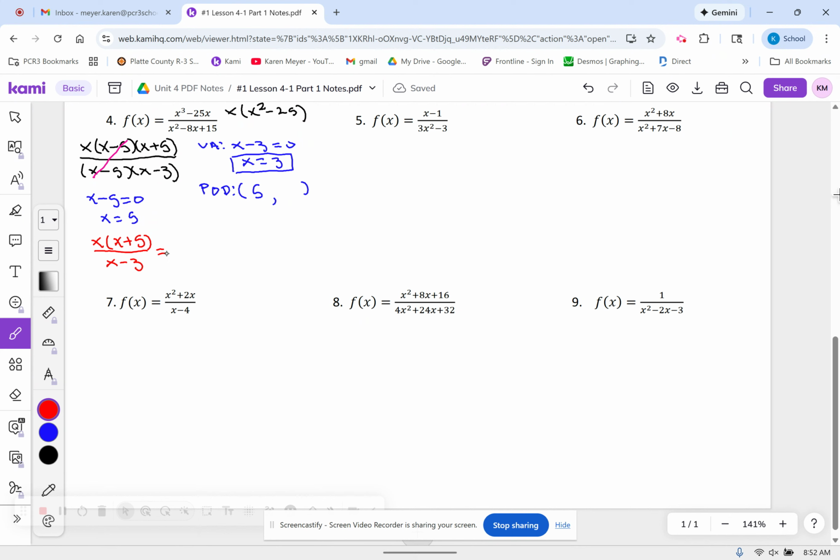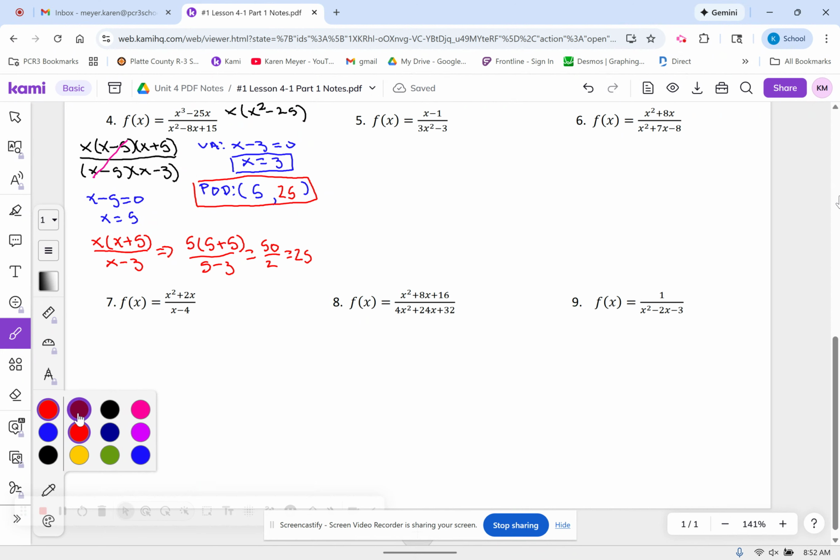So now I'm going to go 5 parentheses 5 plus 5 over 5 minus 3. And when I work that out, I get 50 over 2, which is 25. And that is my y value of the POD.